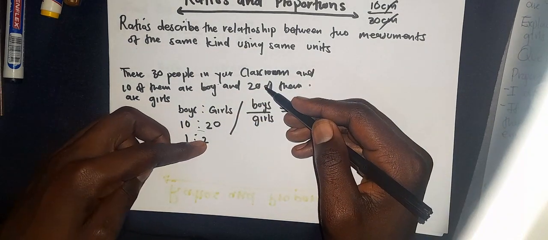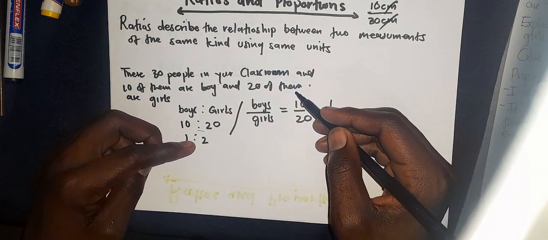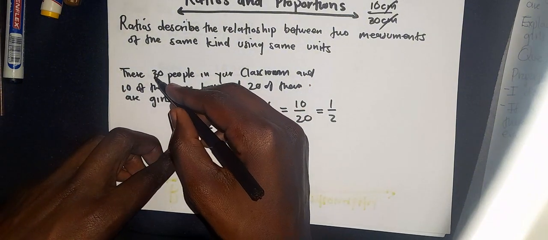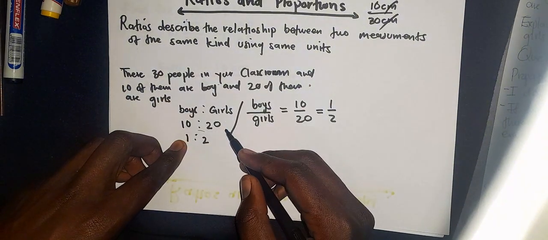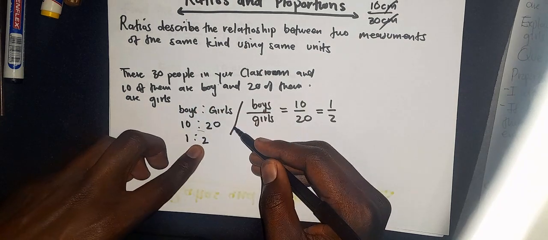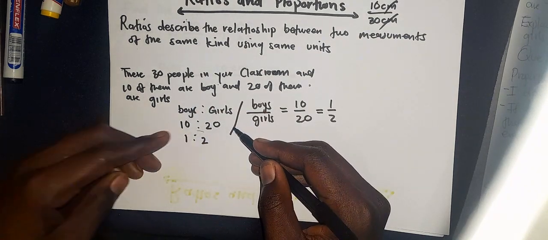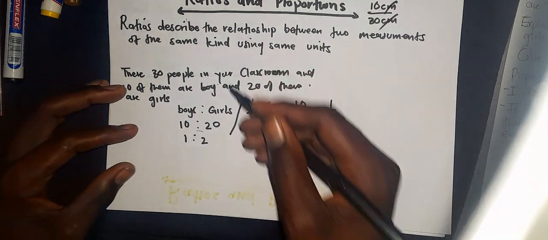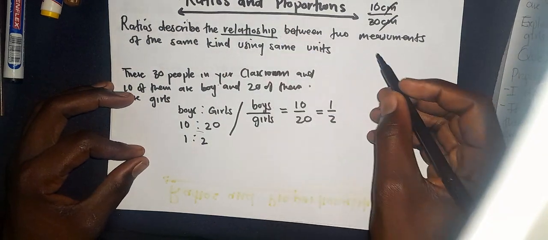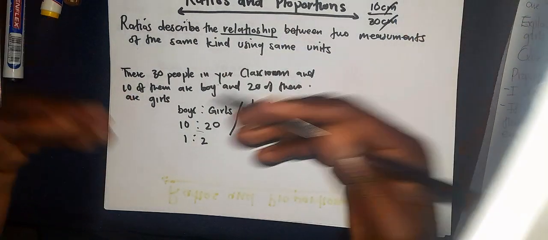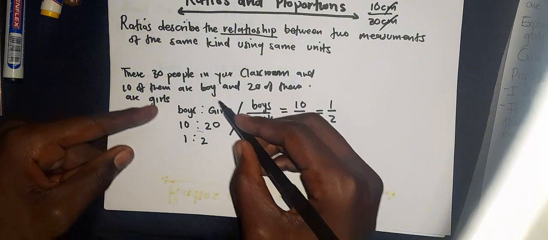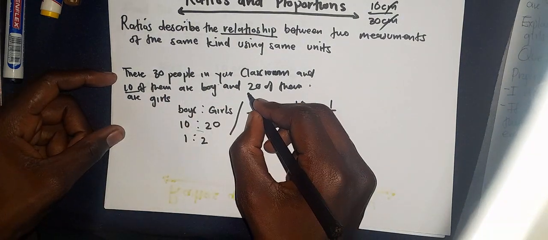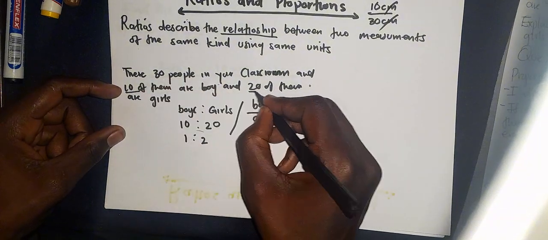No. Rather, it means that for every one boy in the class, out of those 30 people, there are 2 girls. This is just a relationship, as I said, a relationship between 2 measurements, between the boys and the girls in the class.